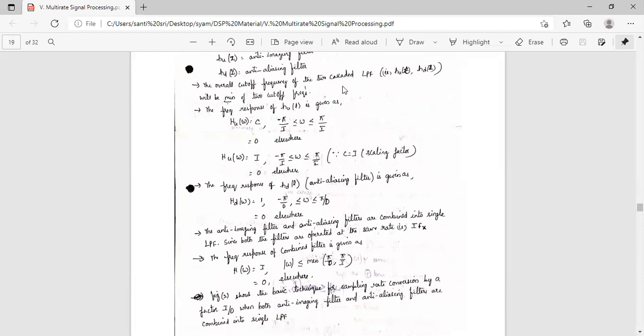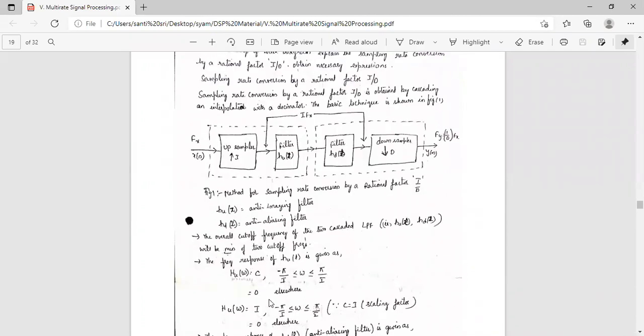The frequency response of the combined filter is given as H(omega) equal to I, where mod omega is less than or equal to the minimum of pi by D and pi by I, or 0 elsewhere.